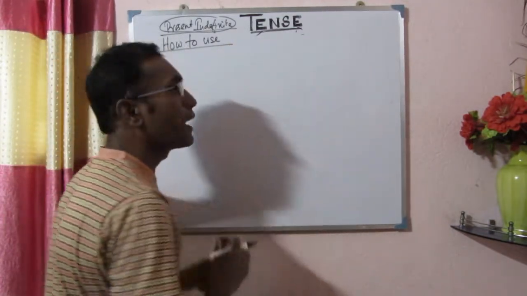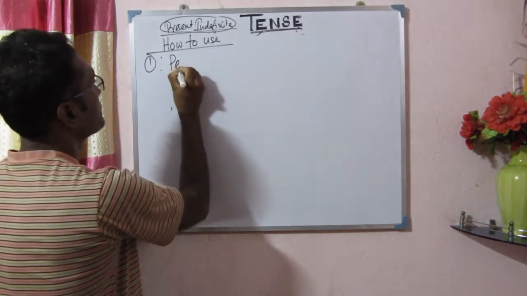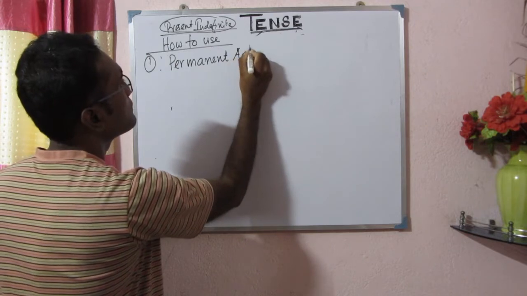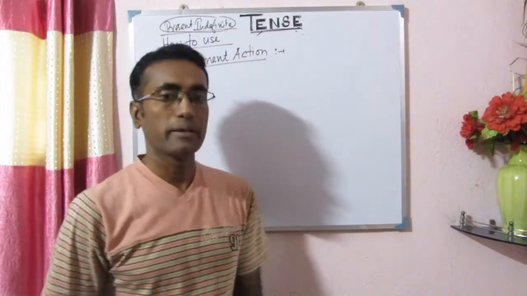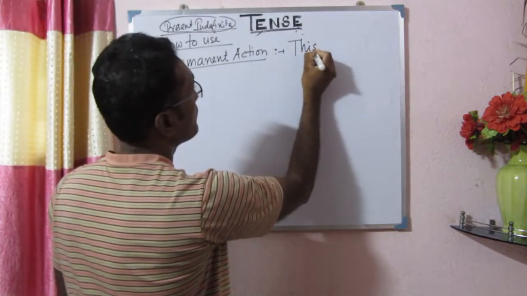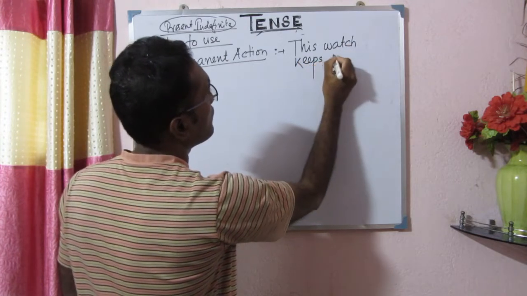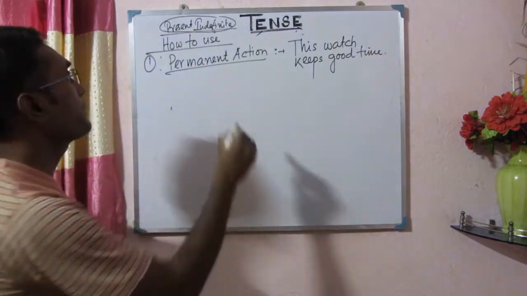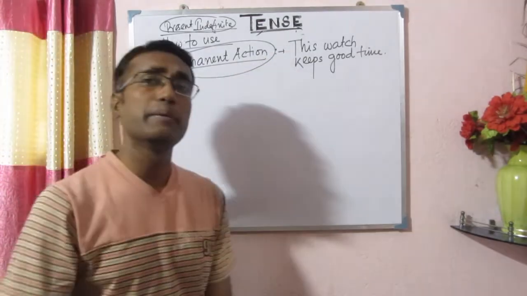Number two is permanent action. If I say this watch keeps good time, when we are talking about any permanent action happening day by day, then it is your present indefinite tense.